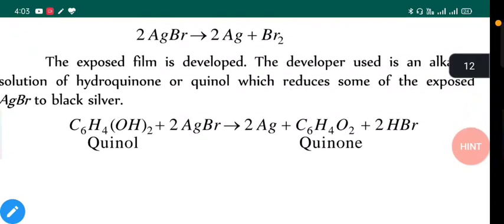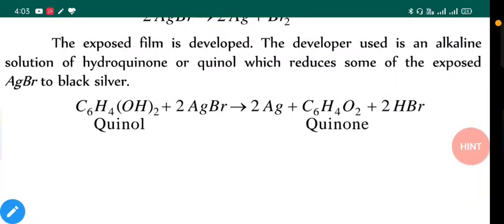So the exposed film is developed. The developer used is an alkaline solution of hydroquinone or quinol, which reduces some of the exposed silver bromide to black silver. So the reaction is quinol with silver bromide reducing it to silver metal, and quinone is obtained.